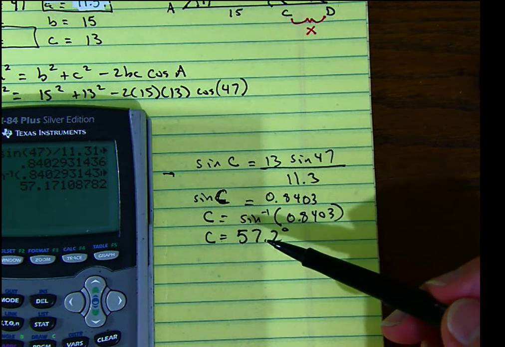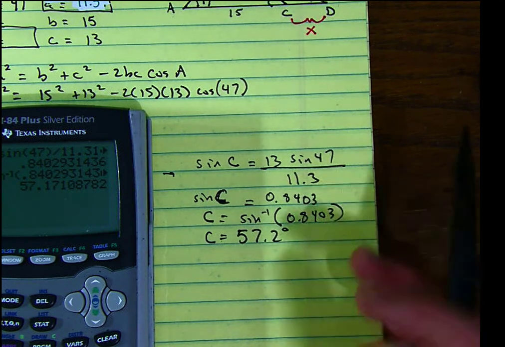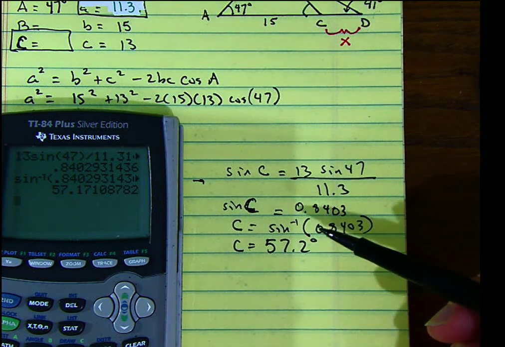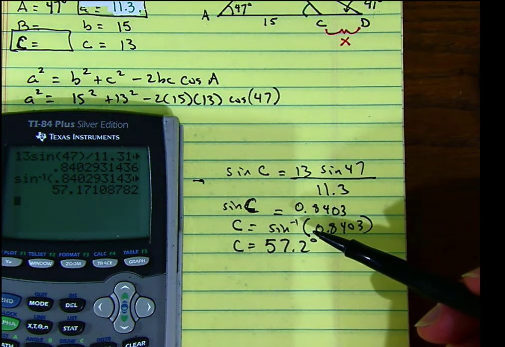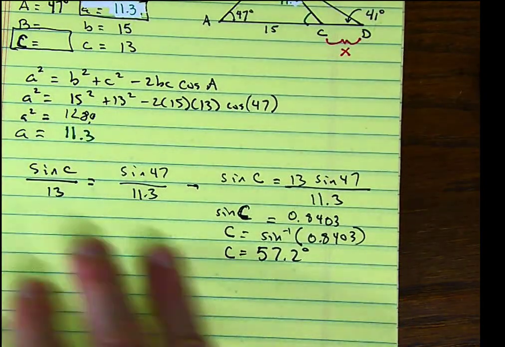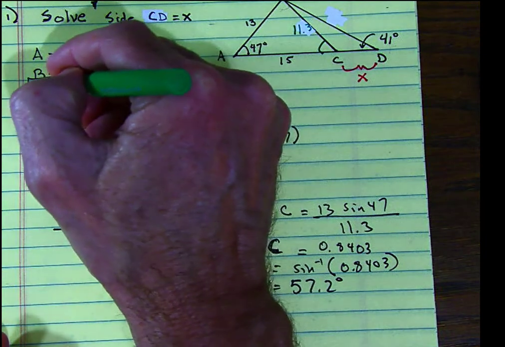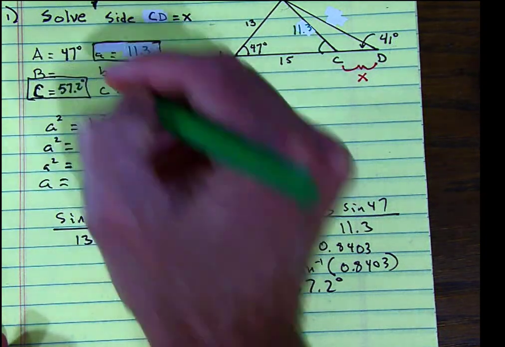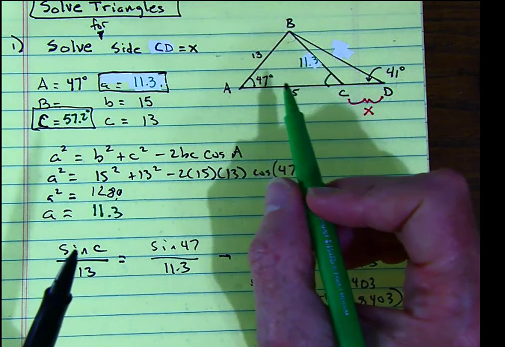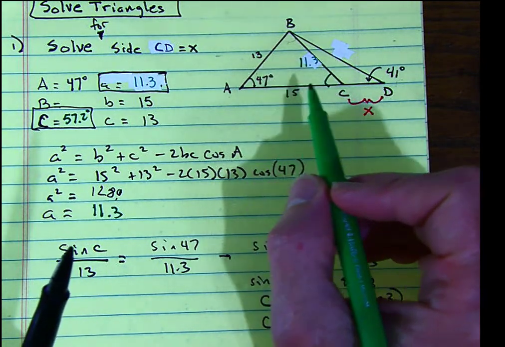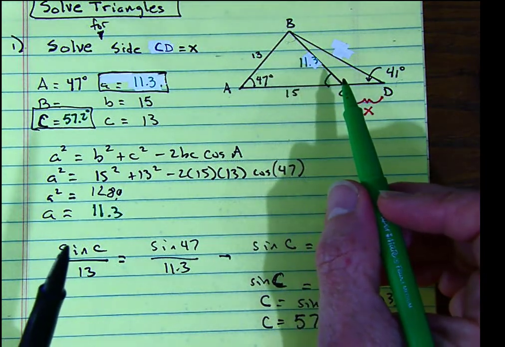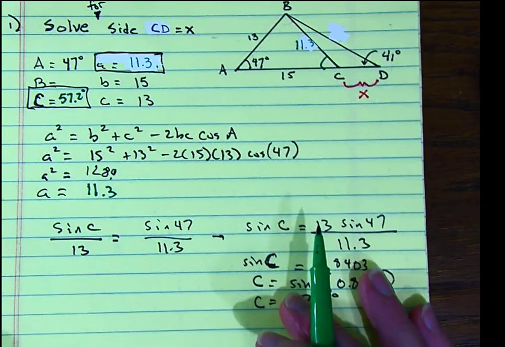So technically there's another answer. And we did not study the law of sines very much, the ambiguous case very much. So don't worry about that detail here. But now we have 57 is the other angle that I needed. Okay, so I got all the details on this triangle here. I'm going to translate that to this other triangle now.